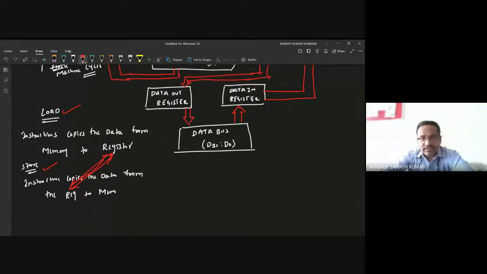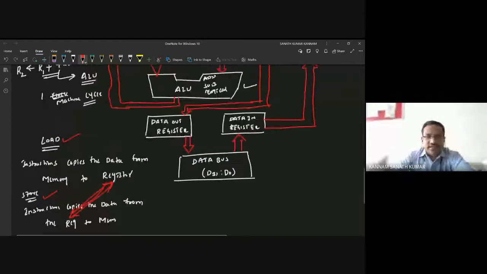First, load instructions take the data from the memory and keep it in a register. After processing, the data is stored in some register, the destination register. Again, the content of the destination register is stored in the memory. That's why we call this a load store architecture. So this is about the architecture.